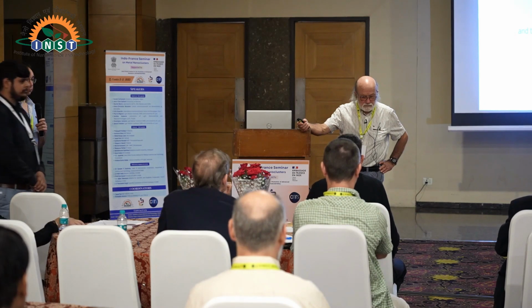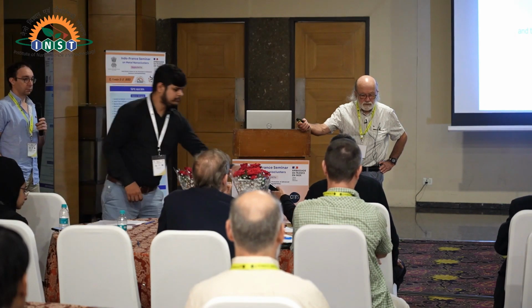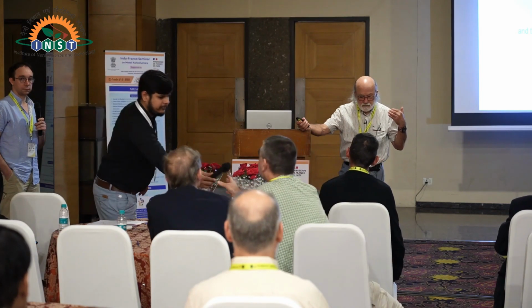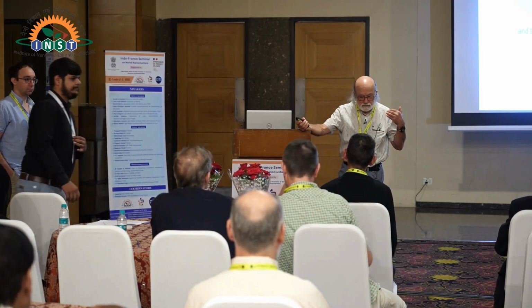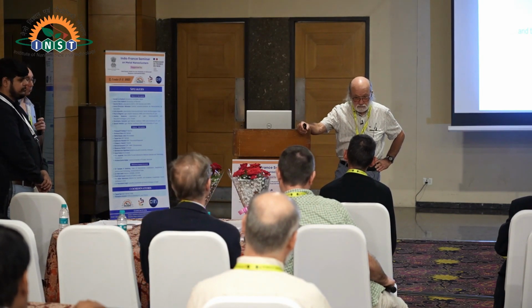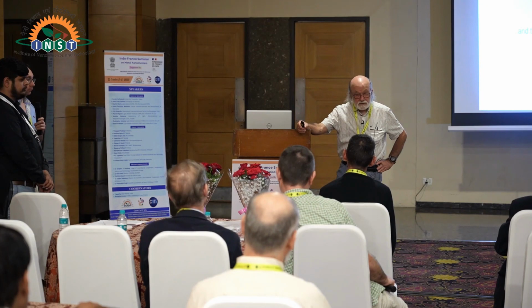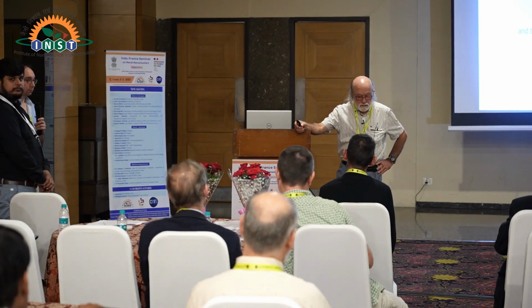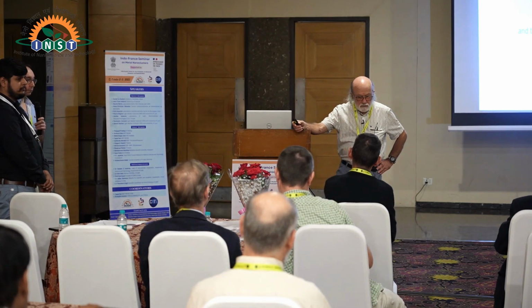Actually, in most of the cases, at least for the systems that I have talked about, it's not so difficult to identify these orbitals just by looking in detail at the Kohn-Sham molecular orbital composition and so on.